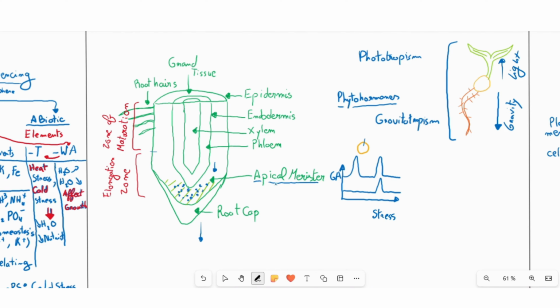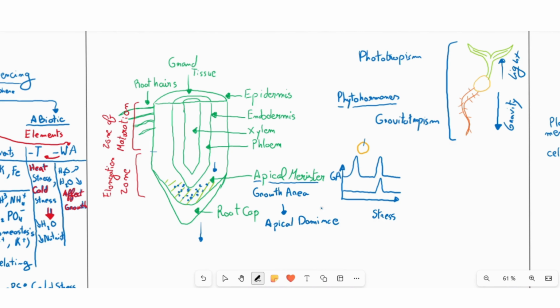This apical meristem is what we call the growth area or the growth zone. And it determines the most important parts of the plant growth structures, which is what we call the apical dominance.